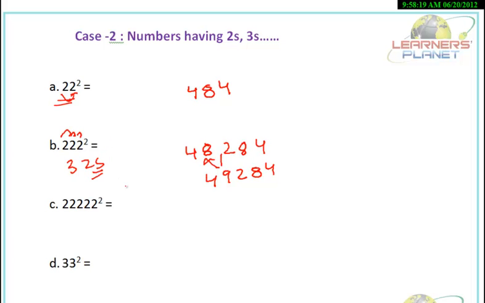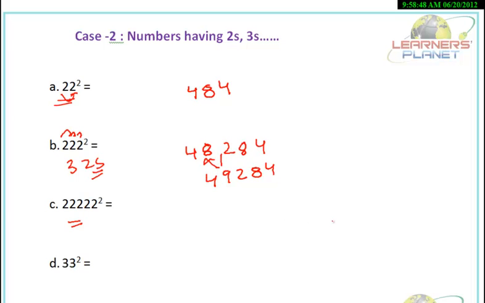It's very simple. You just have to speak the table of 4 up to the number of 2's available in the number. Same in the next case. There are 5 2's in this case. So we have to speak out the table of 4 up to 5. So let's begin. We take some space over here.